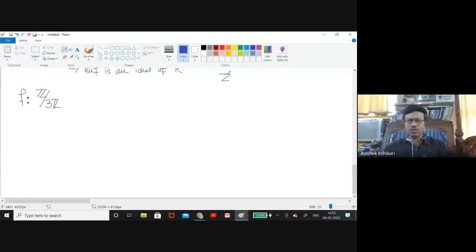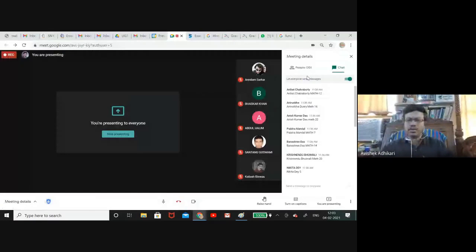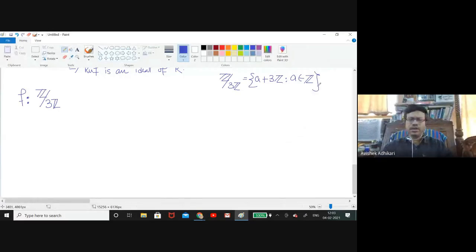The elements of Z quotient 3Z look like a plus 3Z, where a belongs to Z. It basically consists of three elements: 0 plus 3Z, 1 plus 3Z, and 2 plus 3Z.